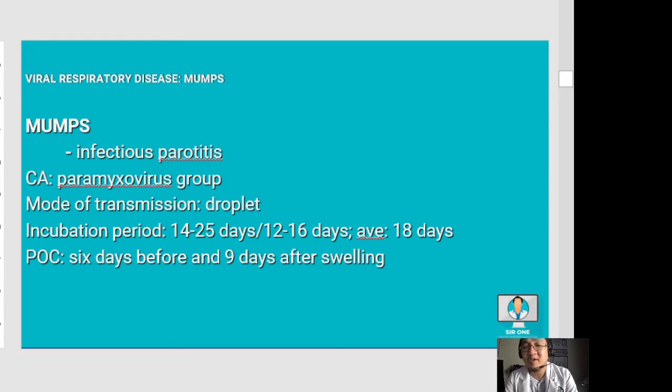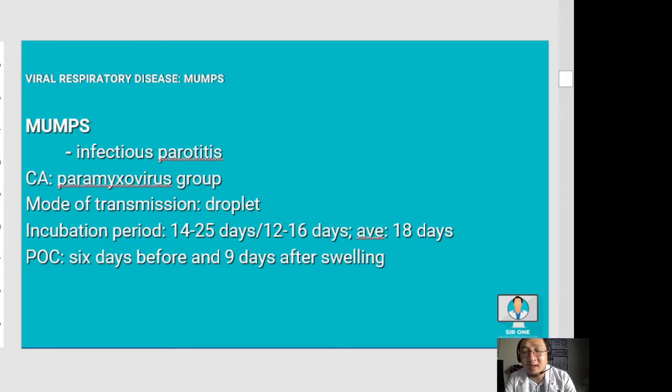Mumps, otherwise known as infectious parotitis, is an acute viral disease that usually manifests as swelling on one or both parotid glands, and usually glandular structures are also affected.